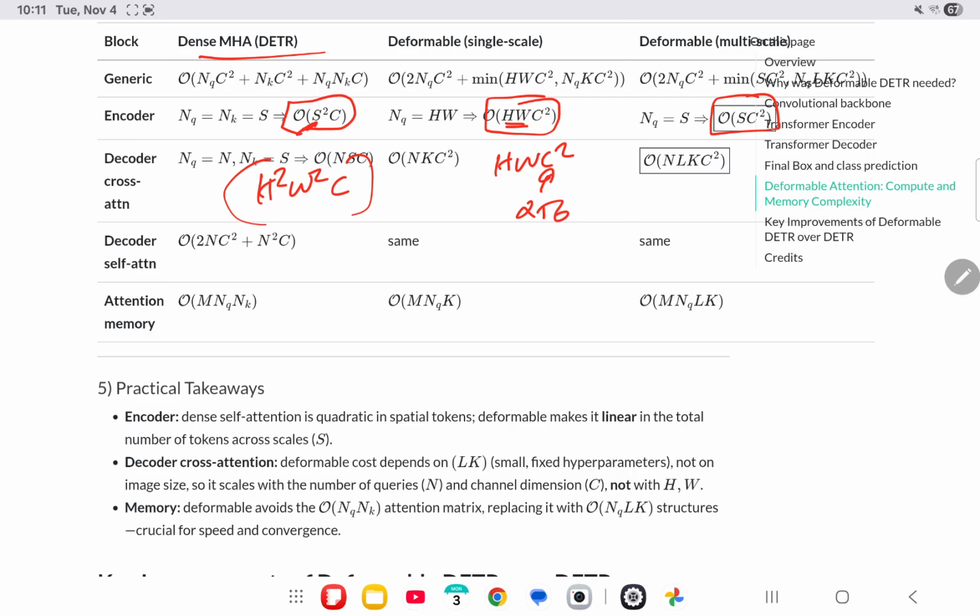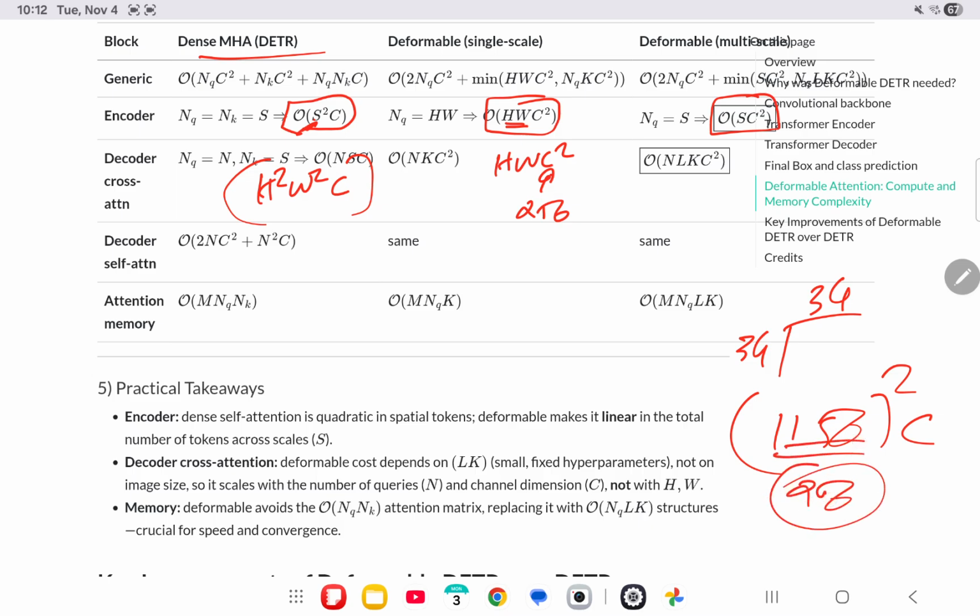C is usually 256, and S is actually big, right? So even if I am using a small feature map, 34 by 34, it will become 1156, right? 1156 square into C. So this is much bigger compared to 256, even if you are using a smaller feature map. So this is a big win for Deformable DETR.